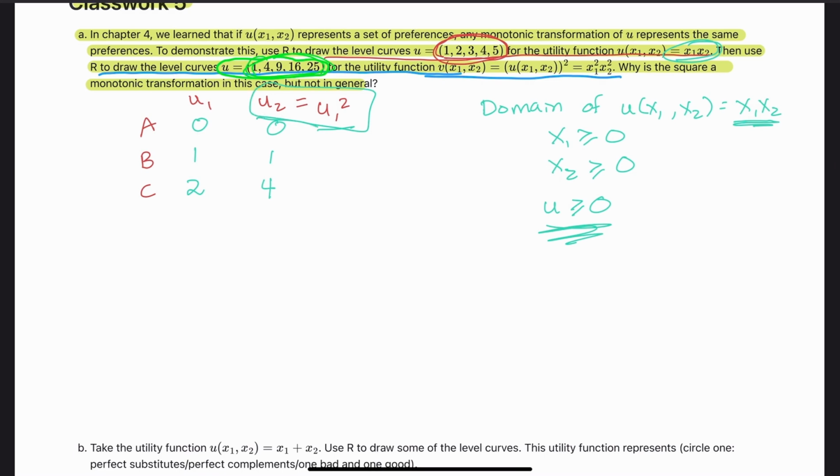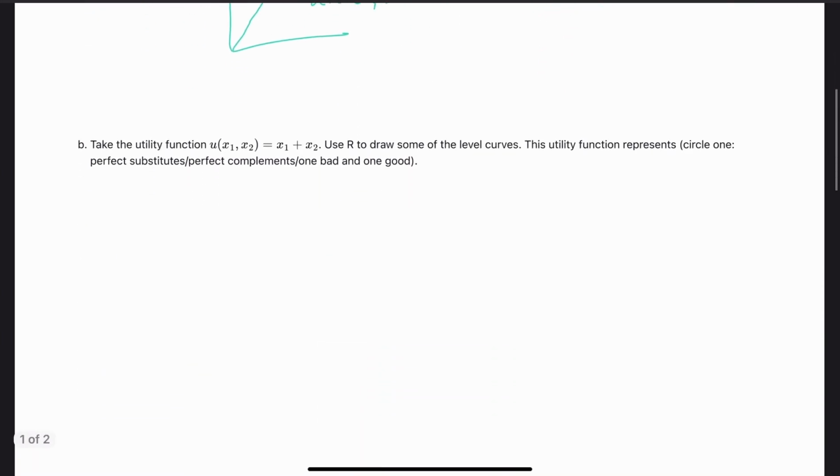So that would be 2 times U1. And when U1 is always greater than or equal to 0, then we have a function like this, always positive. All right, let's go on to part B.